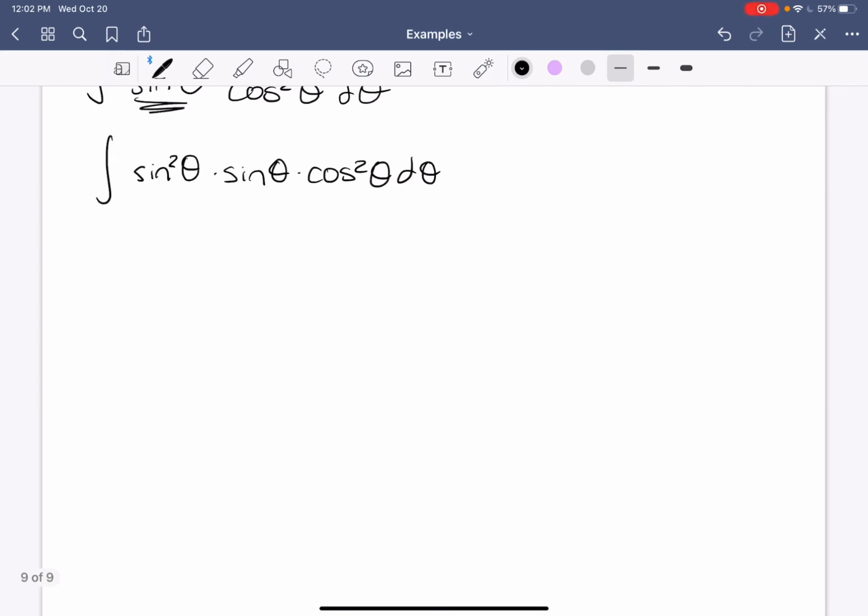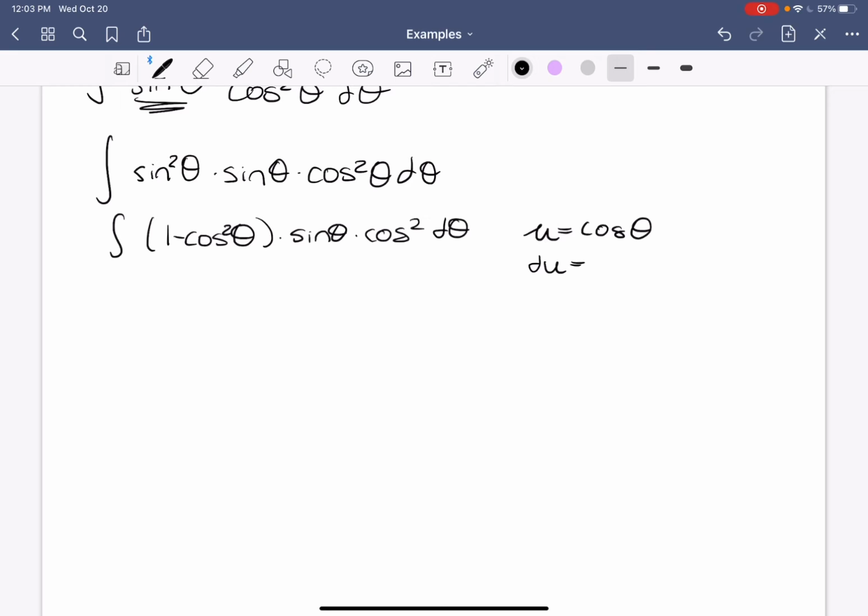Now, this term can actually be changed to 1 minus cosine squared theta because of the identity. From this point on, I'm going to use a u substitution. So we will use u equals cosine theta.